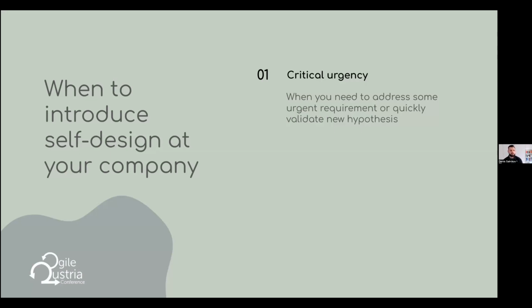I'm talking about more serious and big urgencies, like, for example, new regulatory requirements or a new product hypothesis you want to invest in, or for example, some adjustment you need to make. Probably one of the examples most known to the wider audience is the introduction of GDPR.